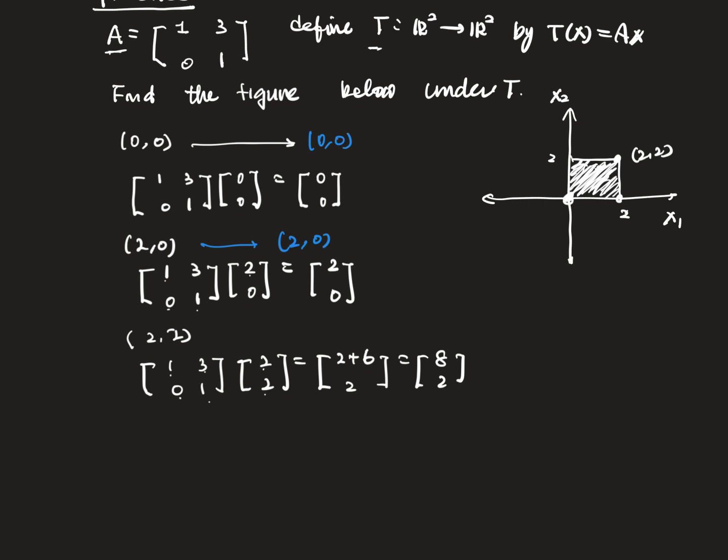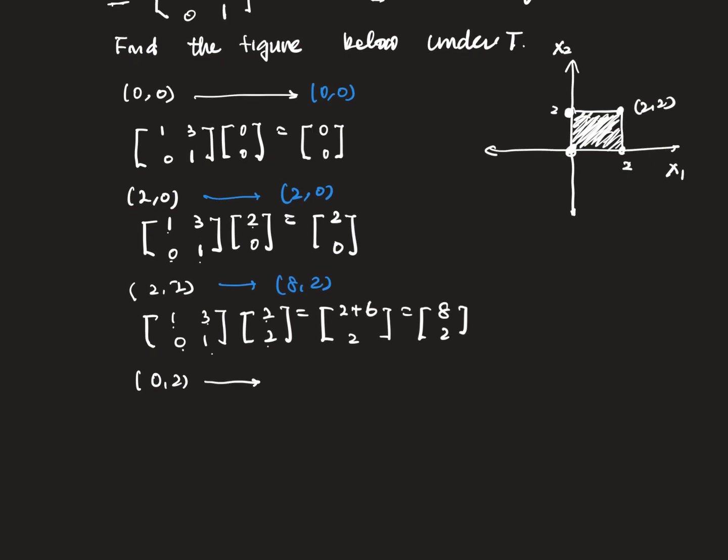One more point. The last point is 0 and 2. So 1, 3, 0, 1 times 0, 2. So this one is 1 times 0 plus 3 times 2, that's 6. 0 times 0, 1 times 2 is 2. So this one is 6, 2.